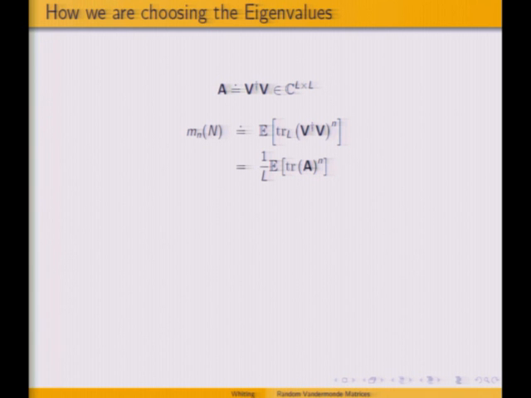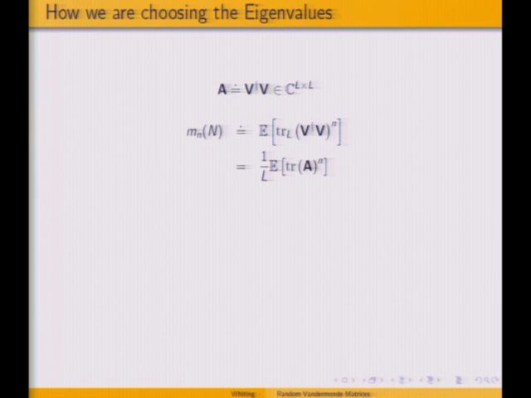Imagine this thing is diagonalized, and then you can see that this will be lambda 1 to the n through to lambda n to the n, and then we'll be selecting uniformly between those, and the averaging is with respect to the selection of the matrices, and that will give us our moment distribution for our eigenvalues.